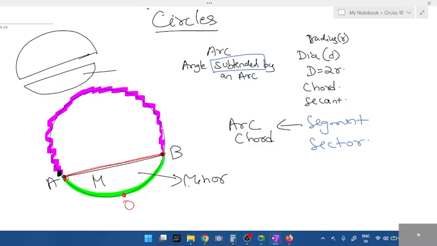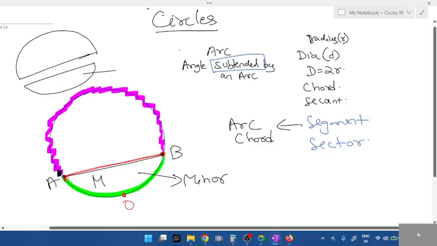Once you are thorough with all this, those two theorems are very easy to solve. Right? Minor segment, major segment. Minor, this is major segment.